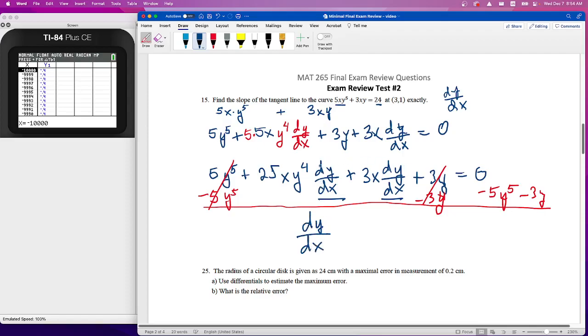So I factored those out to the back side, and what that's going to leave on the front side is the 25xy to the fourth plus 3x. Now, the best way to see this is if I distribute this back, I have exactly what I have. So I just factored it out. And then on the other side, I have minus 5y to the fifth minus 3y.